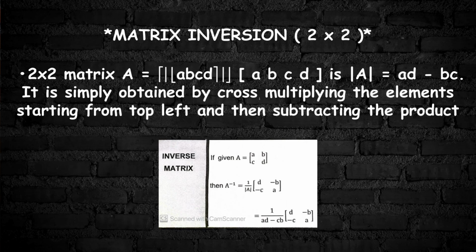Inverse matrix, if given A equal to the matrix with rows A, B and C, D, then A inverse equal 1 over determinant A multiply the matrix with rows D, negative B and negative C, A, equal 1 over AD minus CB multiply the matrix with rows D, negative B and negative C, A.